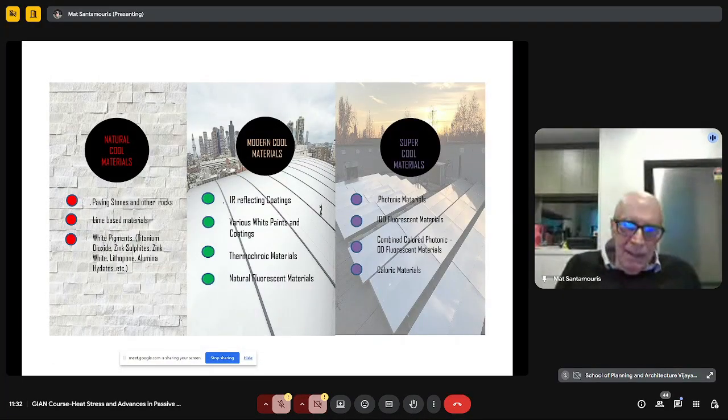We can also, if you like, classify materials in three major groups, and this is what is done by many other people.